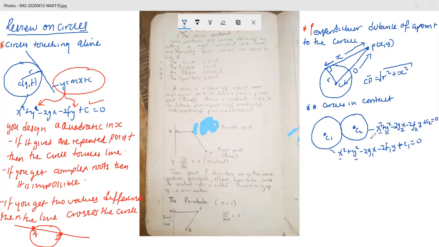So you express x in terms of y or y in terms of x. Then you substitute back again in one of the equations. When you solve, you get a quadratic.